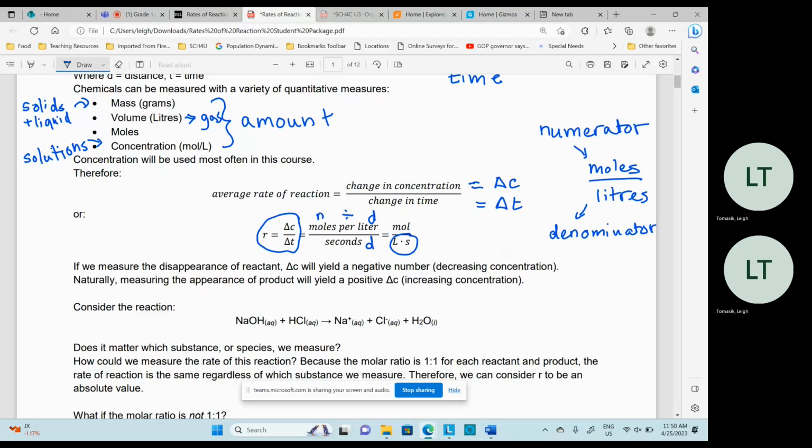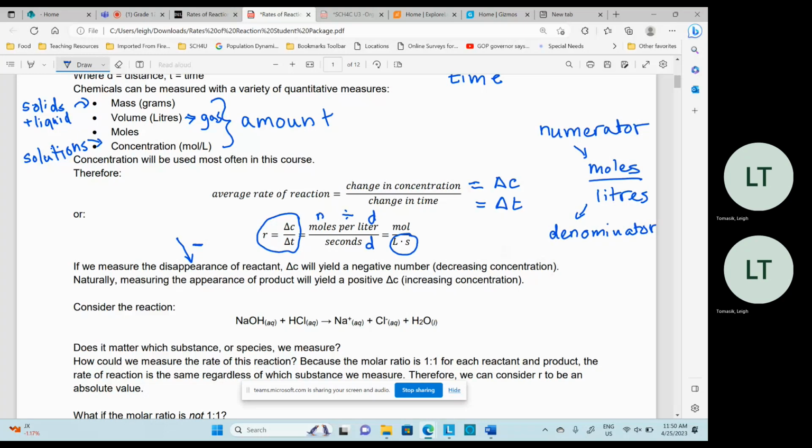If we measure the disappearance of a reactant, the change in concentration will yield a negative number. If something is disappearing, it's going from a lot of it to less of it, so it's going to have a negative rate of change. As time goes on, the amount of a reactant will go down.